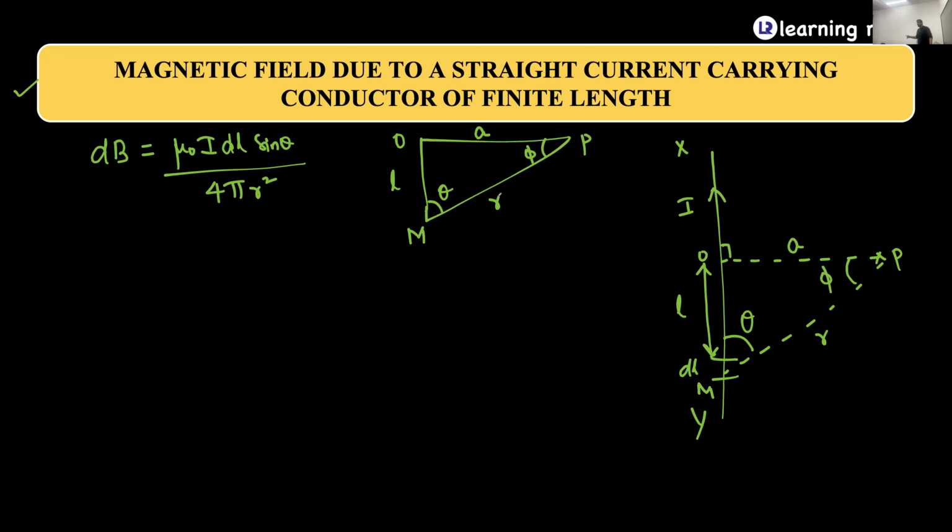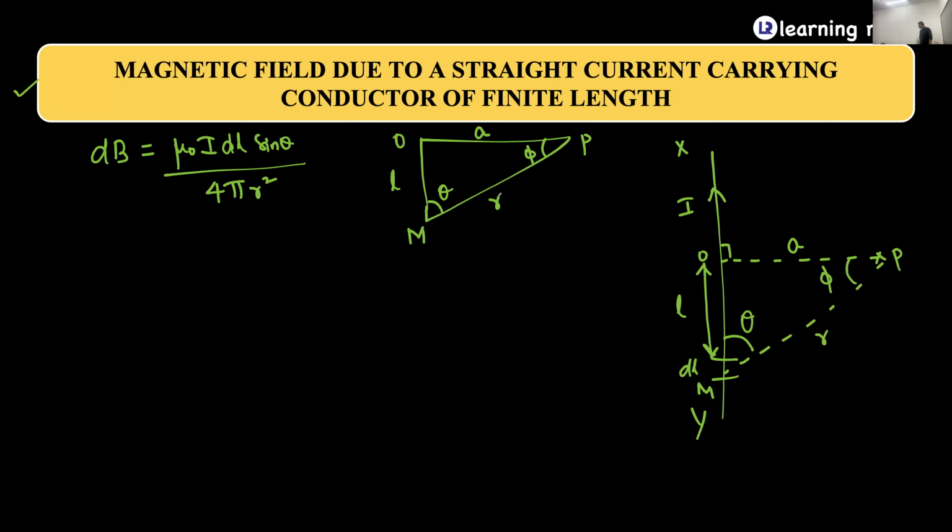But the only constant you have in this triangle is A. Because A is the distance from the conductor to the point where you are calculating the field. Since the distance is perpendicular distance, irrespective of wherever on this conductor you take that point, the distance from O to P will always be a constant. So A is a constant; except A in this triangle, every other parameter is a variable.